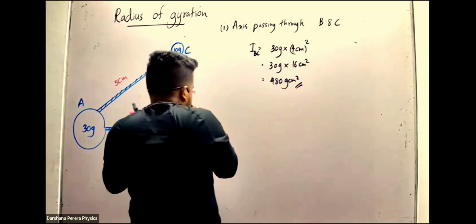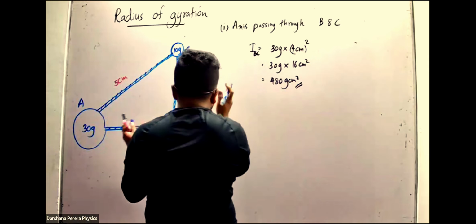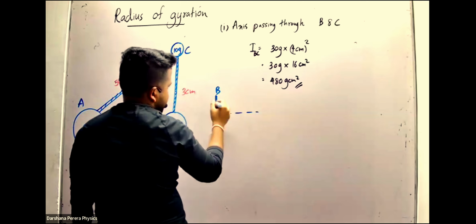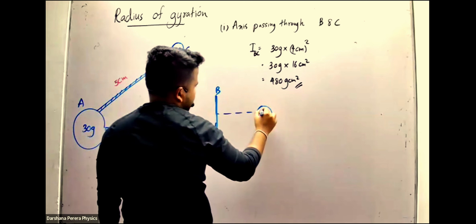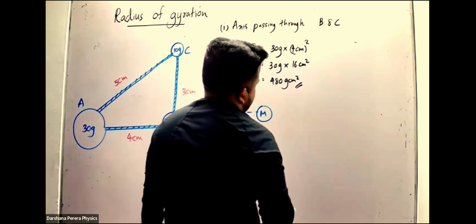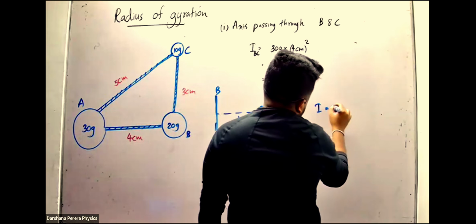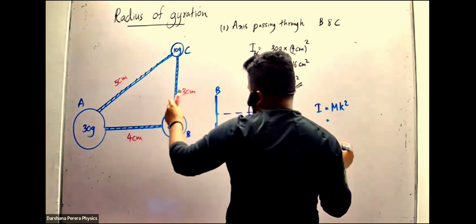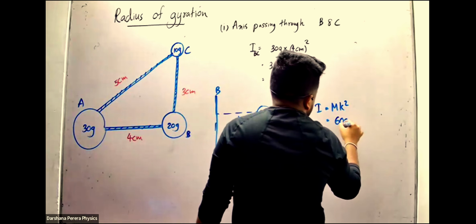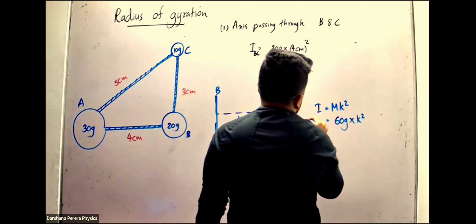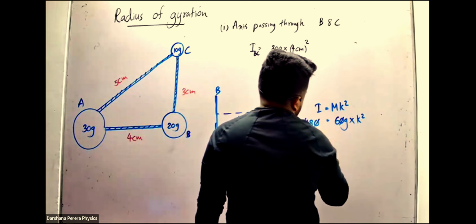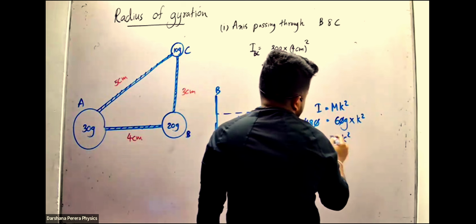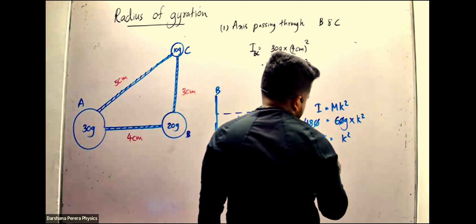This is the BC axis, the mass capital M with K distance. Therefore, we can simply say I is MK square. M means the total weight: 10 gram, 20 gram, 30 gram, that means 60 gram. I means 480, so K square equals 8.